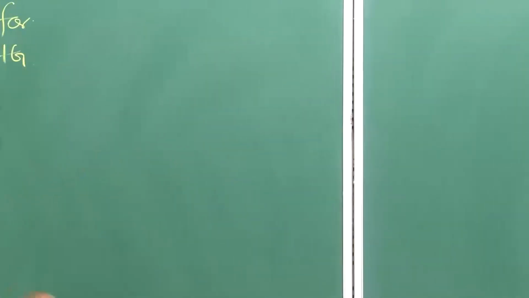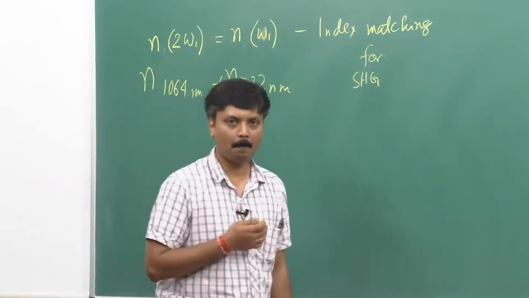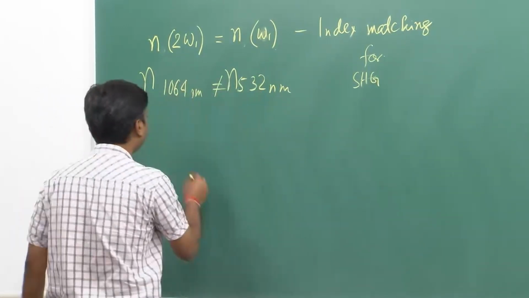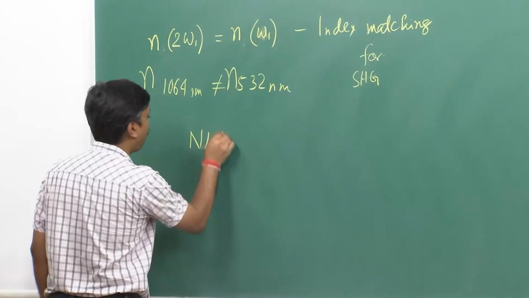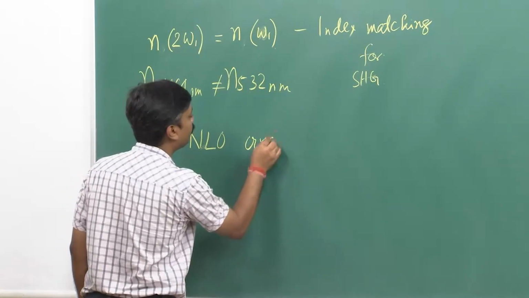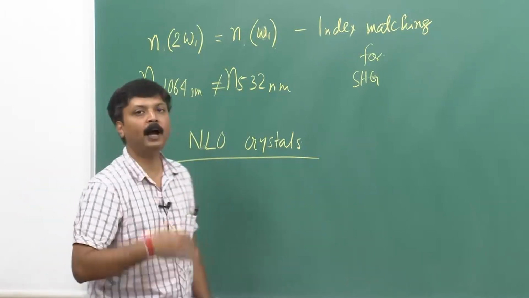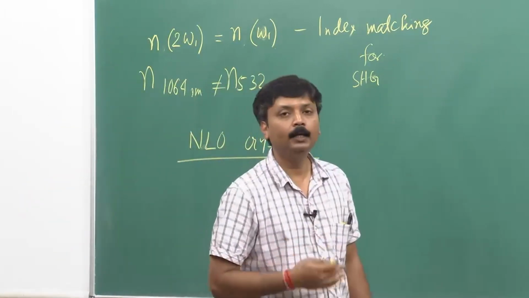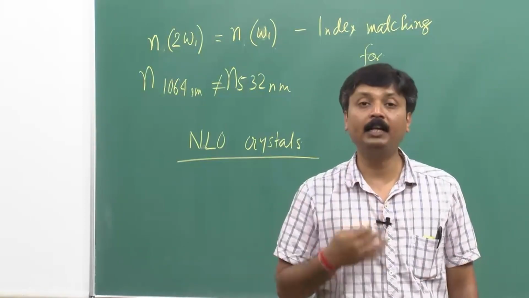The way out is to use a birefringent crystal. You need nonlinear optic crystals, particularly ones which will be birefringent, meaning that they will have two different refractive indices.